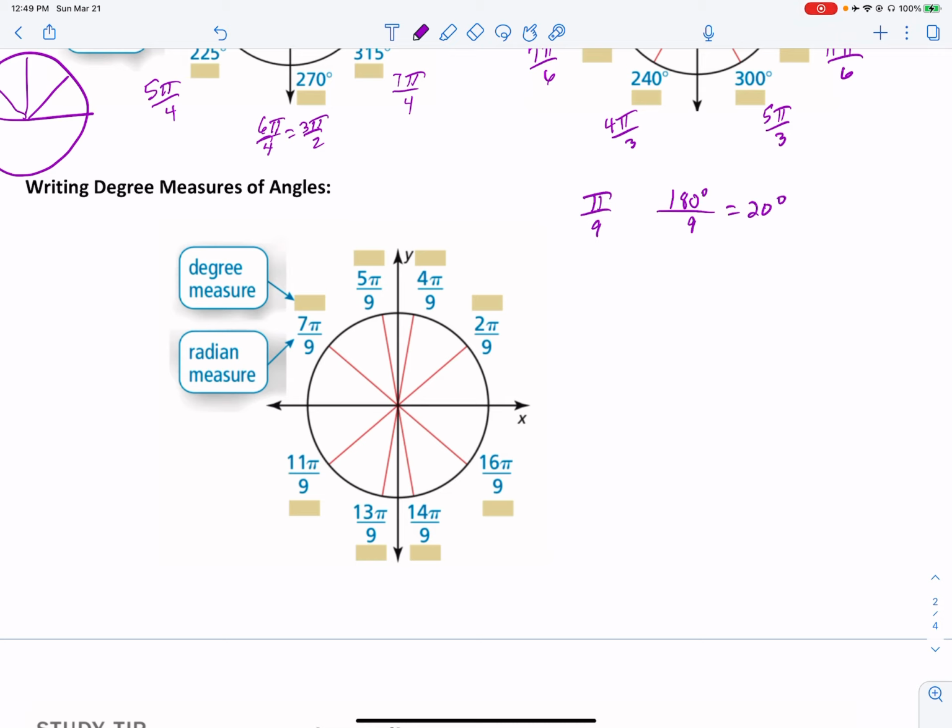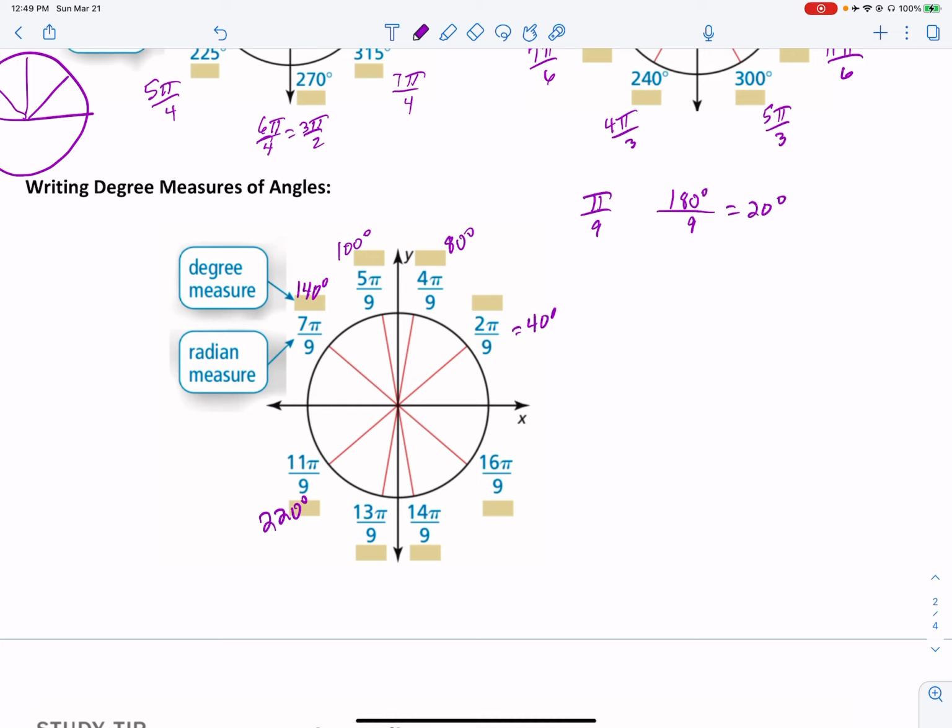So these are going by 20 degrees. So 2 sets of 20 degrees would be the same as 40 degrees. 4 sets would be the same as 80 degrees. 5 sets is going to be your 100 degrees. 7 sets is going to be the 140 degrees. 11 sets of 20 is going to be 220 degrees.